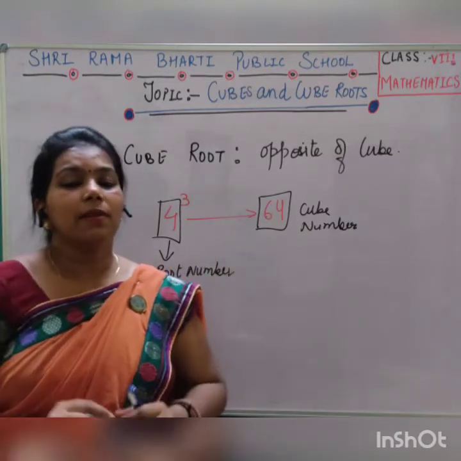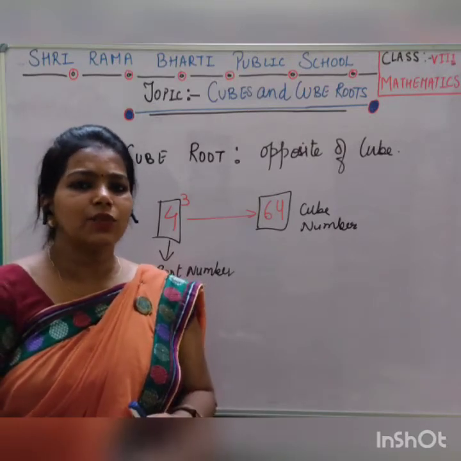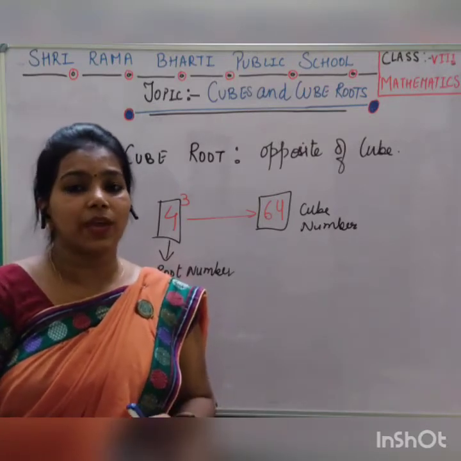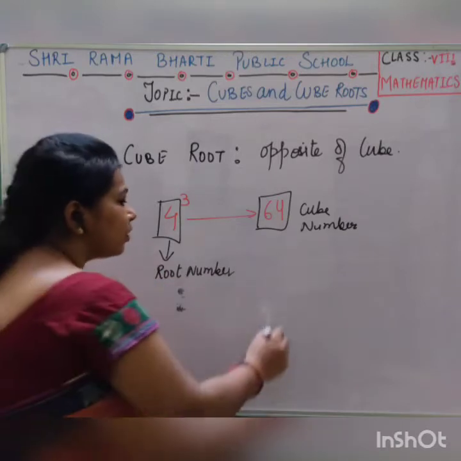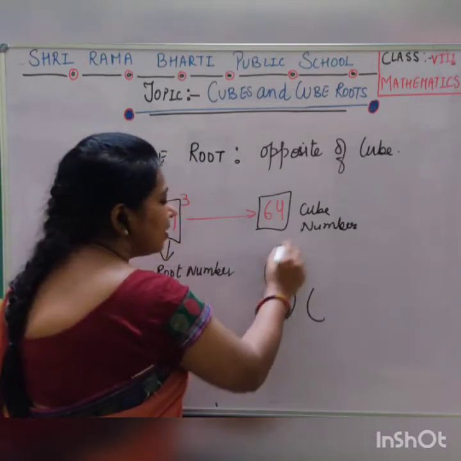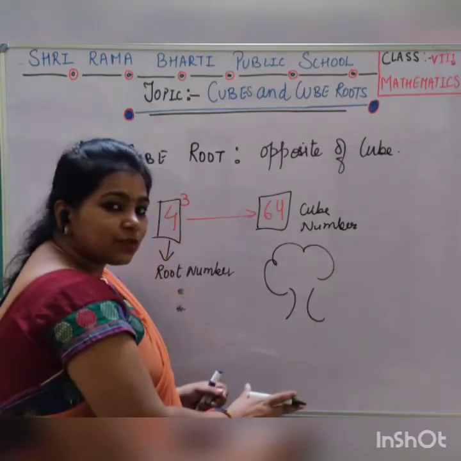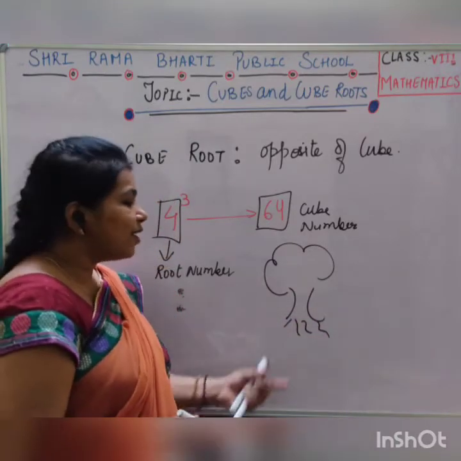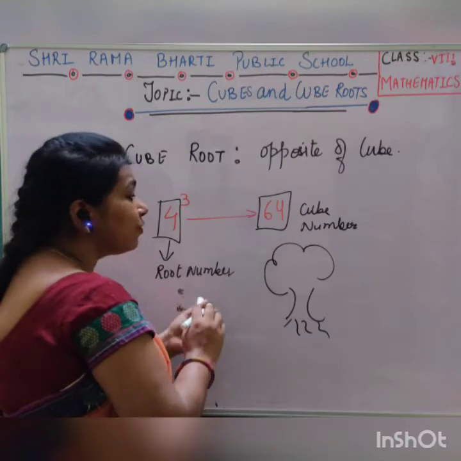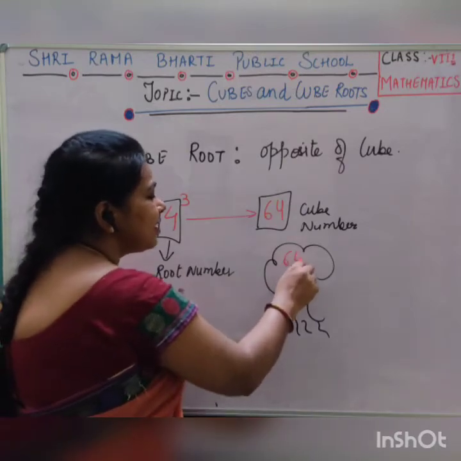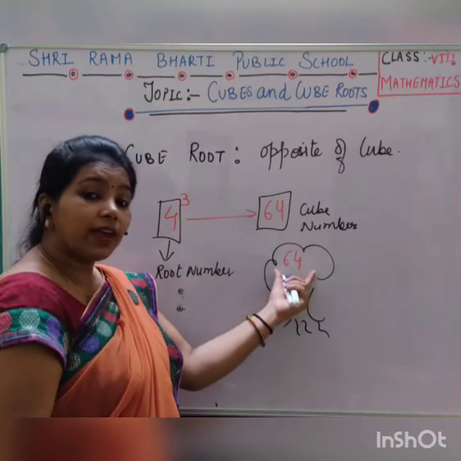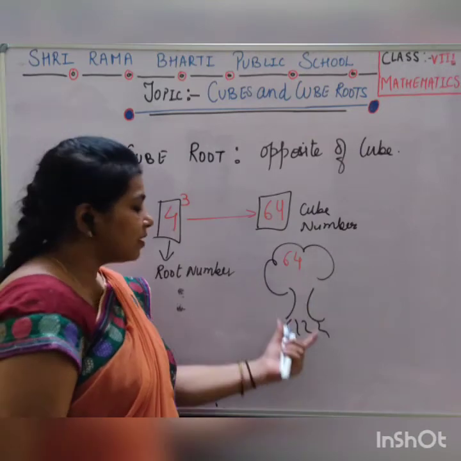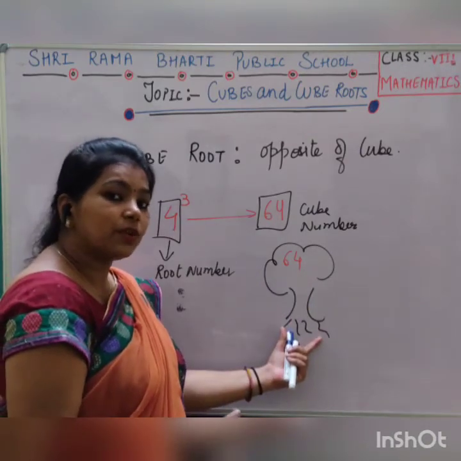Now we can remember this thing by a little trick that we have done in the square and square root chapter as well. You must remember that if it is a tree, there are roots, isn't it? So if my fruit is 64, from where do the fruit or the leaves come? From the roots, right?